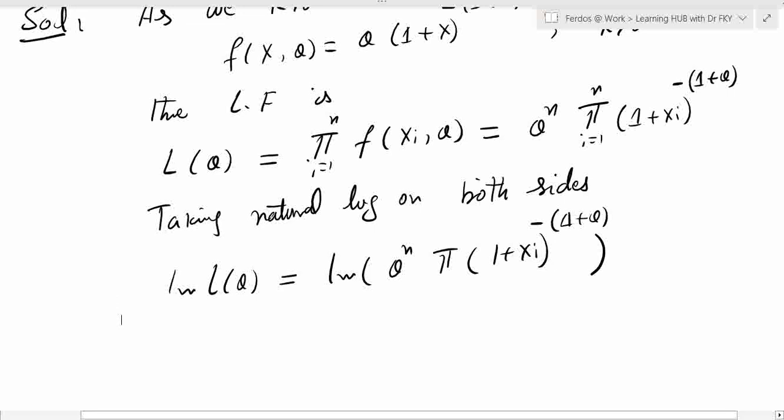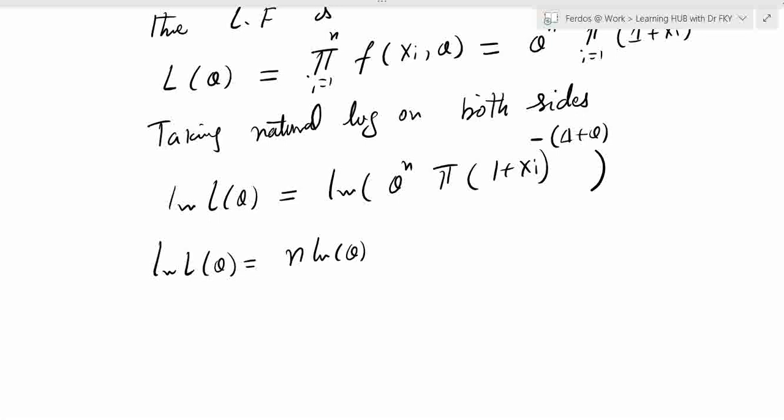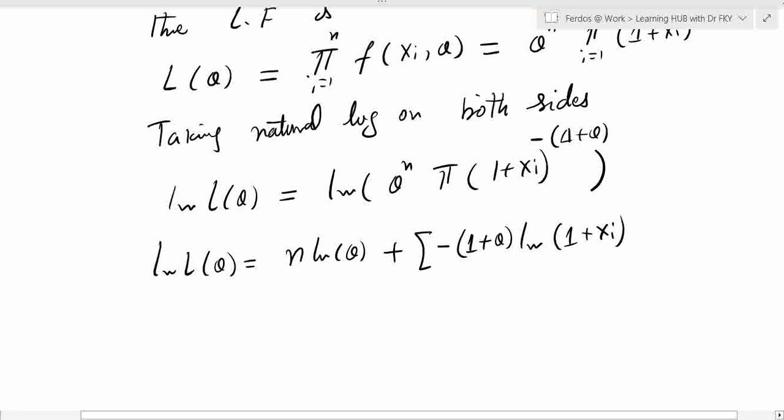This is equal to n natural log of theta plus, if you apply log on this product, this will become a summation from i equals 1 to n of natural log of 1 plus xi. So this is the final expression, but we need to take the derivative.